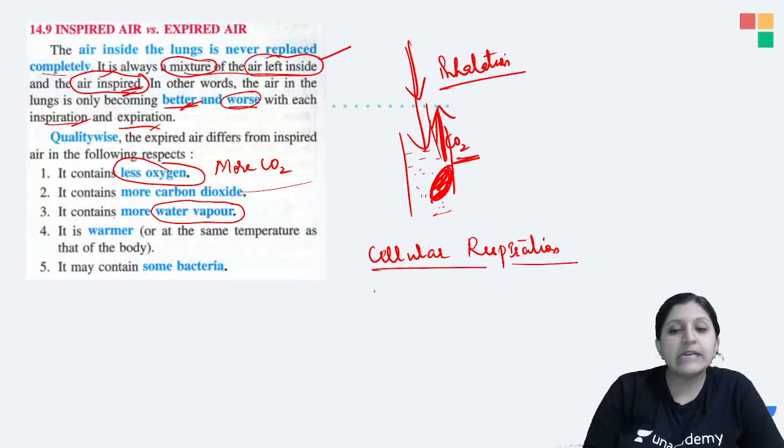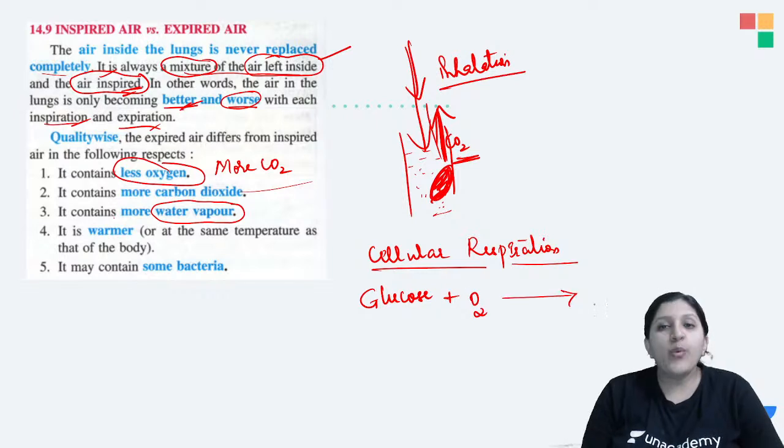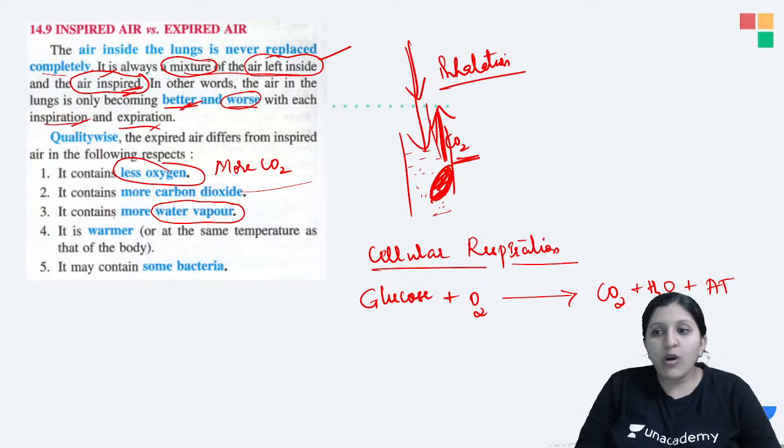Basically the glucose is going to get oxidized, and after the oxidation it will form carbon dioxide, water, and then the ATP or the energy, adenosine triphosphate.